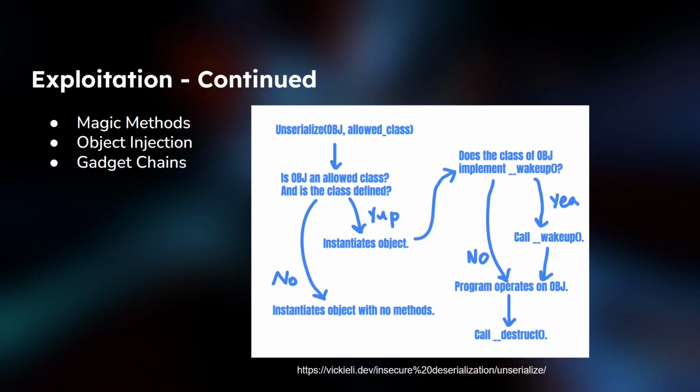A good example is in this flowchart that I borrowed, where if your object is in a class that has these magic methods, and you're able to inject an object and call wake up or destruct, those would be, depending on the application environment, pretty risky things. Now, the tricky part is that this kind of strategy of specifically picking out your magic methods is easiest when you have source code access, and you're not always going to have source code access.